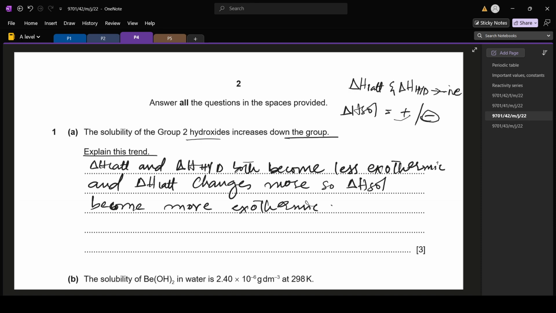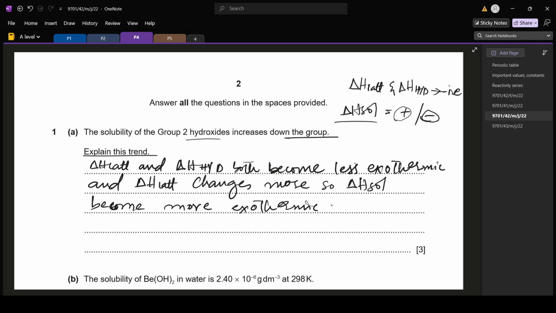When it is positive, it means the compound is less soluble or insoluble. Here the enthalpy change of solution becomes more exothermic, so it is becoming more negative, which means it will be more soluble down the group.